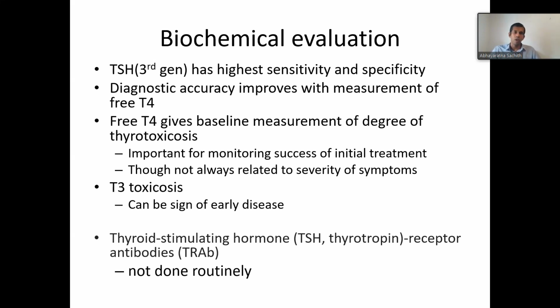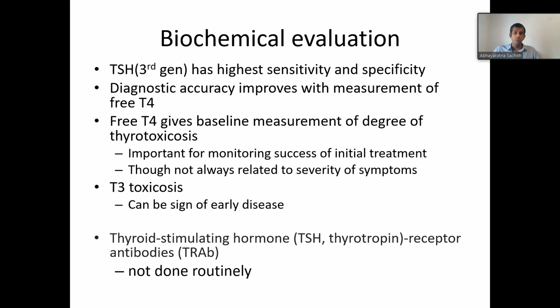For that, you need an initial T4. In some patients, even though their TSH is suppressed, their T4 may be normal. Then we do the T3 levels; that is called T3 thyrotoxicosis. That could be seen in Graves' disease patients, especially in the early stage of the disease. So in those types of patients where T4 is normal, you can then do the T3 levels to confirm that the TSH suppression is due to that.